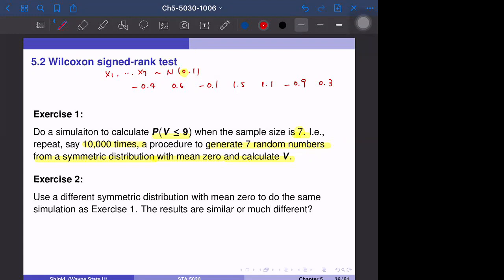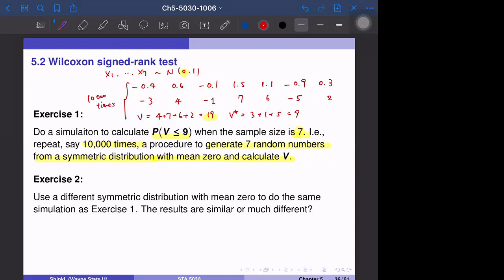Ignoring sign, these are rank 1 through rank 7, and then we think about the signs. V is the sum of positive ranks: 4 plus 7 plus 6 plus 2, so this is 19. And V asterisk is the negative ranks: 3 plus 1 plus 5, so this is 9. We repeat this 10,000 times.